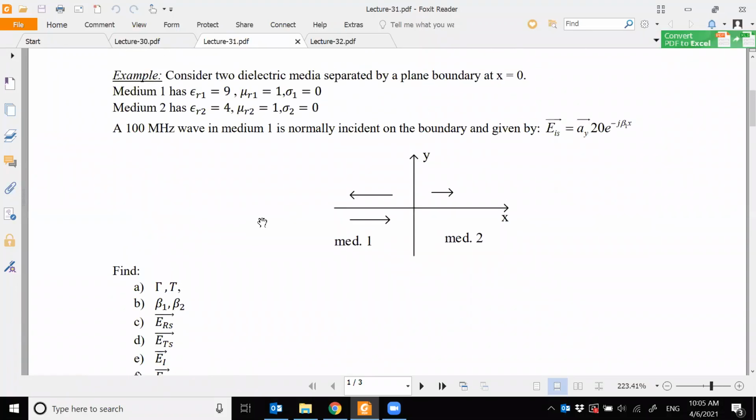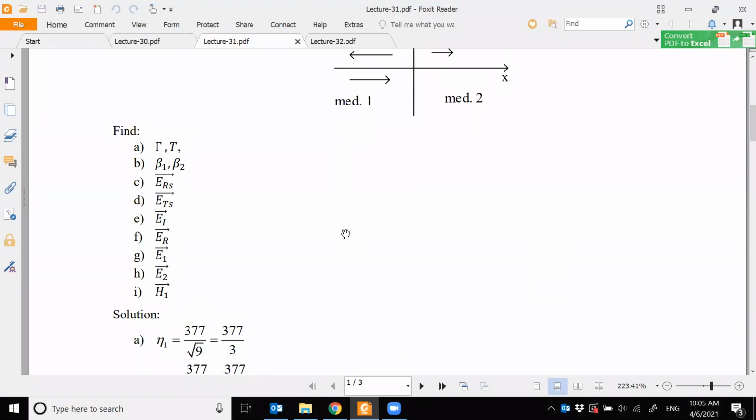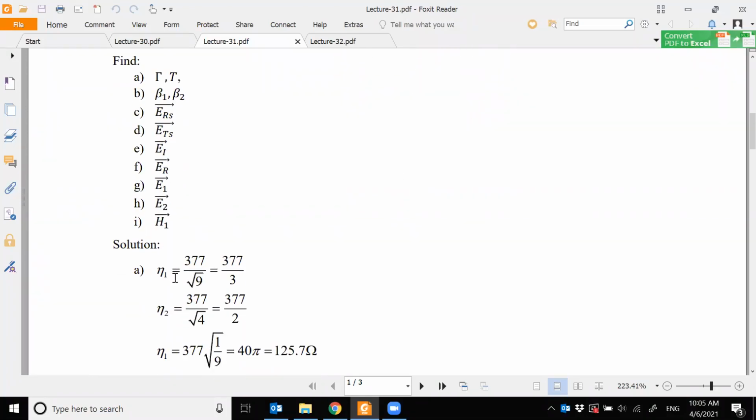So how are we going to start here? As we know, the reflection coefficient and the transmission coefficient depend on eta. So you can have eta 1 for medium 1 and eta 2 for medium 2. Eta 1 is eta naught root of mu r1 over epsilon r1, which is 377 by 3.